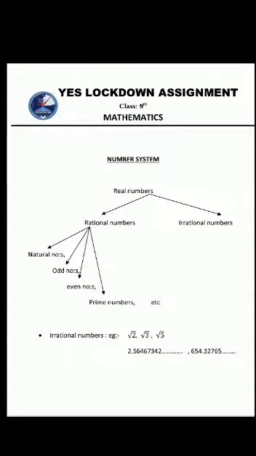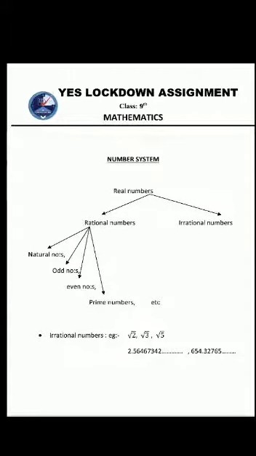Only some numbers are irrational. For example, root 2, root 3, root 5, root 7, etc., that is, roots of prime numbers. Root 4 is not irrational because we know it is 2. But root 2 is irrational.